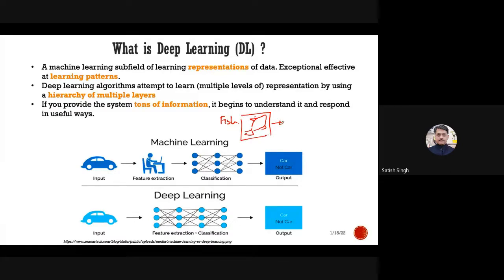If you present this to the system, how should the computer understand whether this is a fish or not? Suppose this is a simple problem. How will the computer understand? What ways will be there?